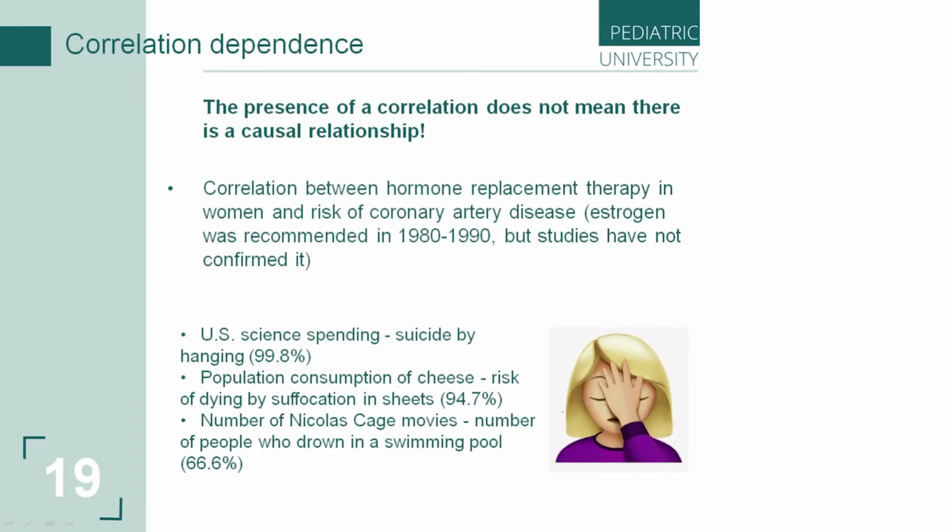But in subsequent studies, this was not confirmed, and hormone replacement therapy to reduce the risk of coronary artery disease was no longer prescribed. A correlation was found, but there was no causal relationship between the characteristics.